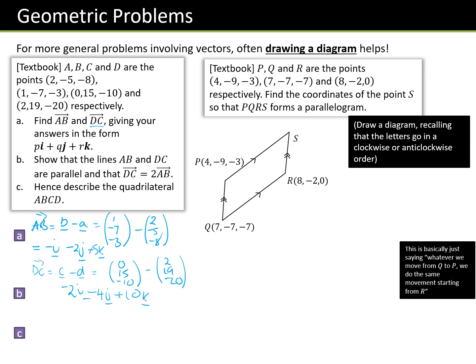Now you can see, looking at those two forms, that AB and DC are related, so we're asked to show that they are parallel. They're going to be parallel because D to C is equal to twice A to B, because you can just take a scalar multiple of 2 out, and therefore the lines are parallel.